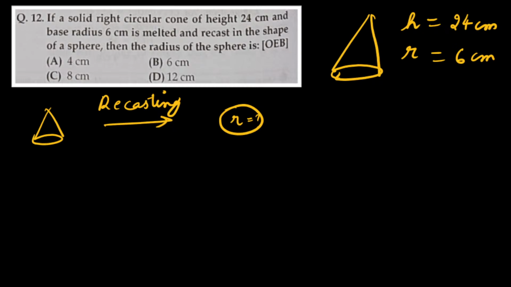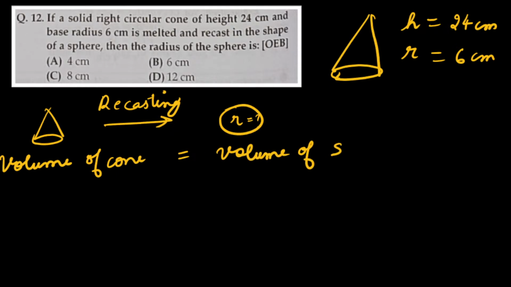Previous question also we did. Whenever recasting is happening, what can we use? Volume. Yes, so volume of cone, like we did in the previous question, is equal to volume of sphere. Just remember, recasting means you have to equate the volumes.